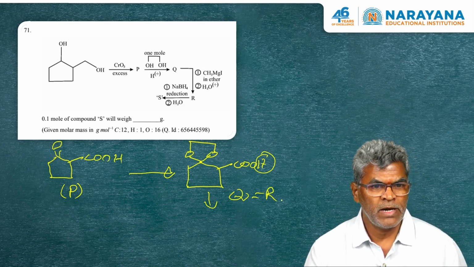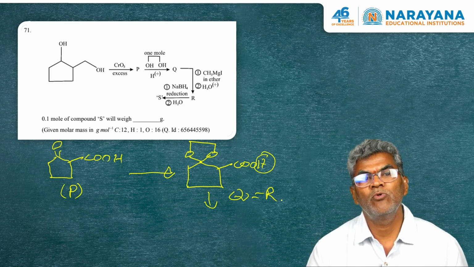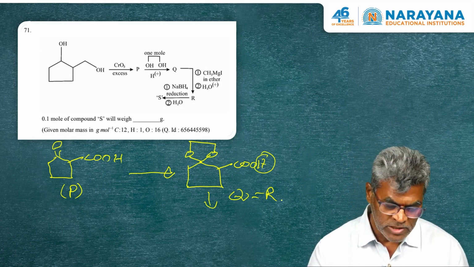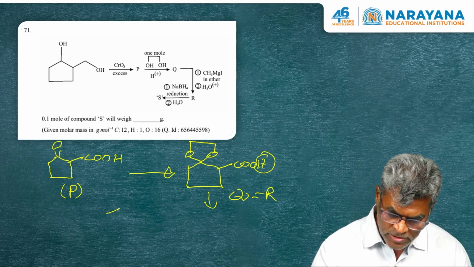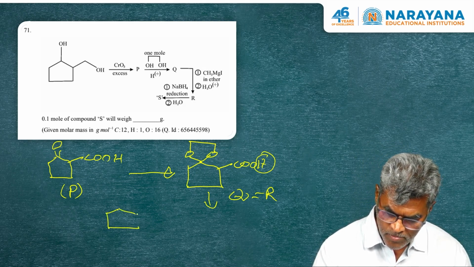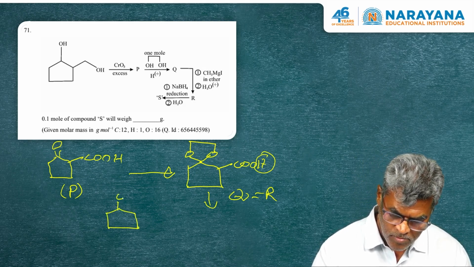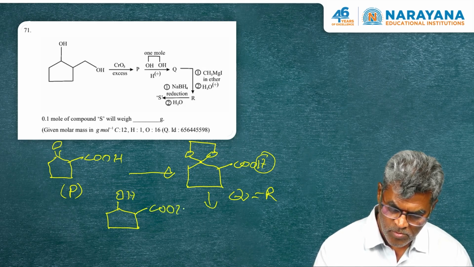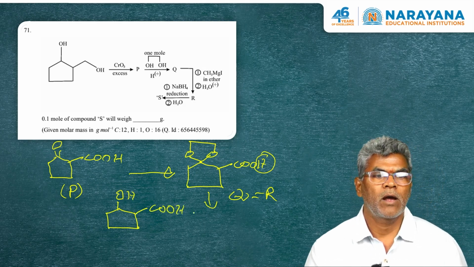Sodium borohydride selectively reduces carbonyl group rather than COOH. It won't reduce the COOH group. So, S will be compound is this. That is the compound.